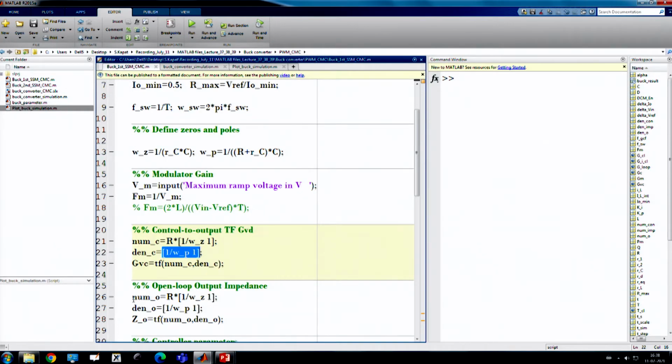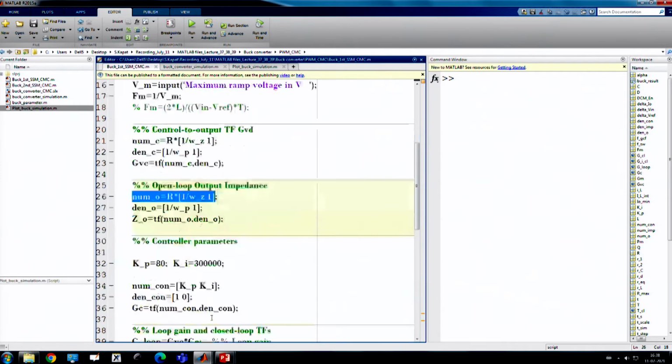The output impedance open loop is the same as the control to output transfer function, but I am writing it again. Then I have set some arbitrary value of PI controller, because it is a first order system, and we will see in the next lecture that a PI controller or a type 2 compensator should be sufficient. And I have taken a PI controller Kp 80 and Ki 300,000.